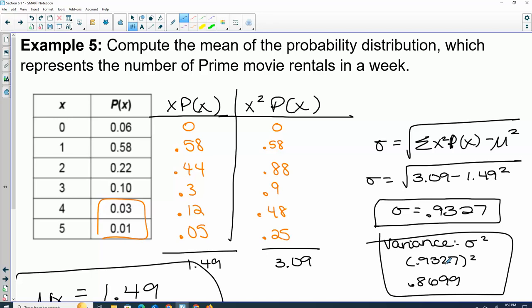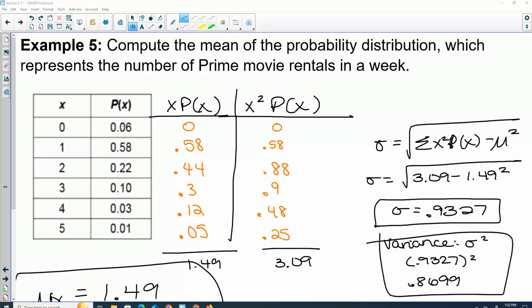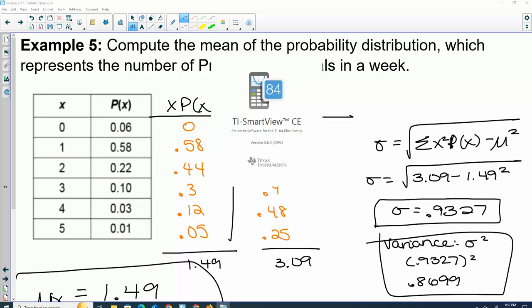When we do this, we are going to enter this original data, the x and the p of x, into L1 and L2 on our calculator. List 1 will be the x values, list 2 the probabilities.